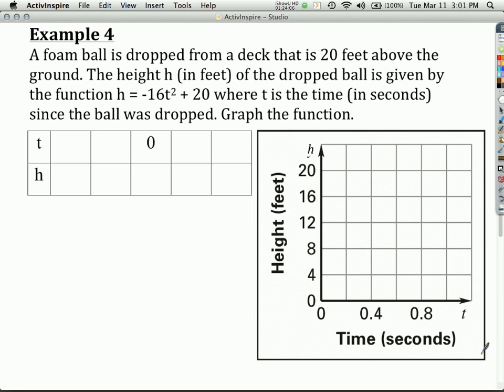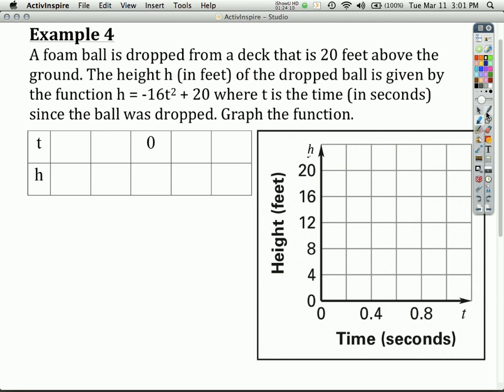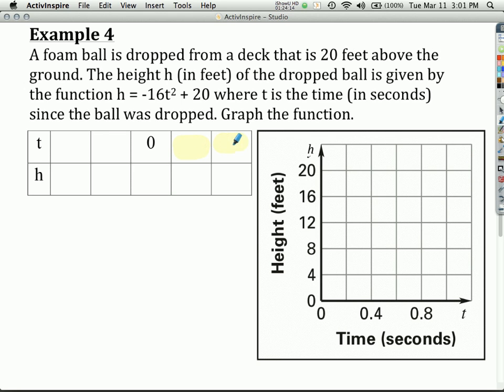So we just need to fill in the table. What numbers do you think we should use for here and here? What should we use? One person has an idea, 2 people have an idea, 3 people. What did you think, Chris?